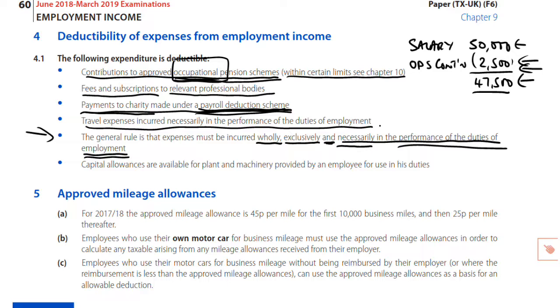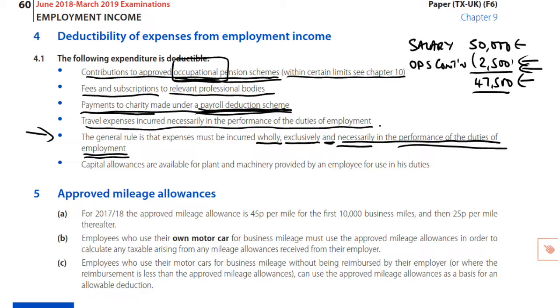But that then will be matched by an equivalent deduction in relation to the travel expense that you incurred. So you would see it as an allowable deduction, but you'd have as income the amount reimbursed. If it wasn't reimbursed, there is no income, and you simply allow the deduction for that travel expense against your other employment income.